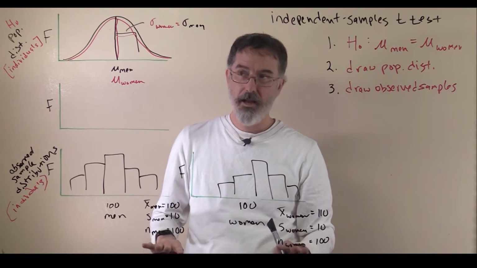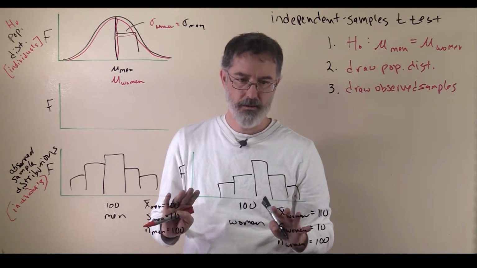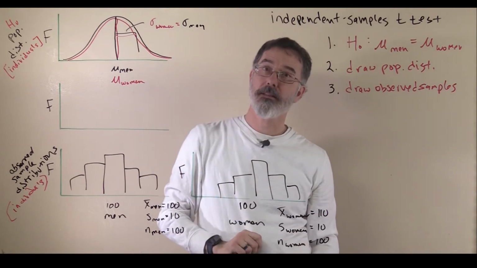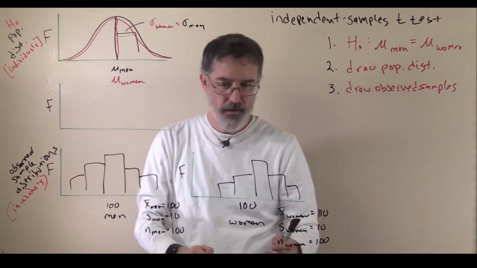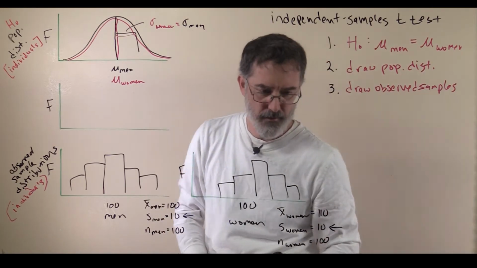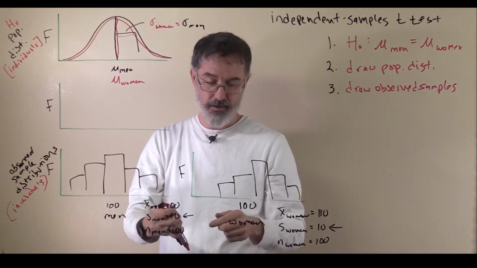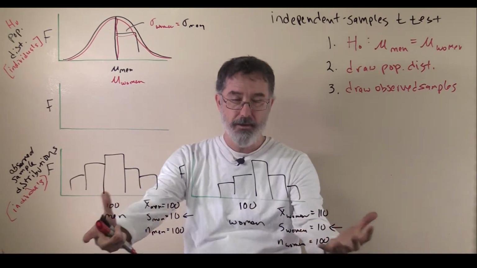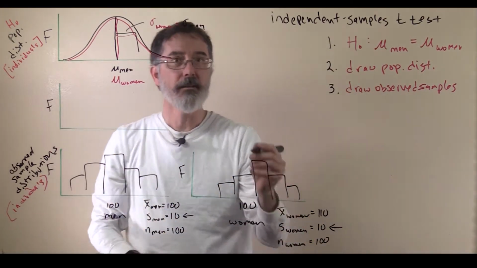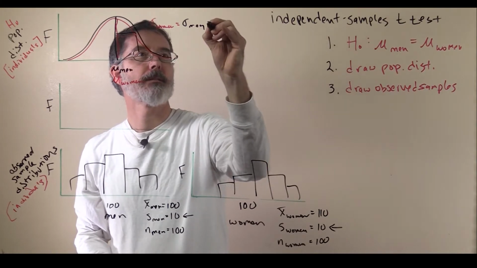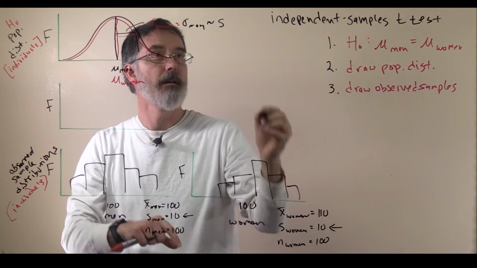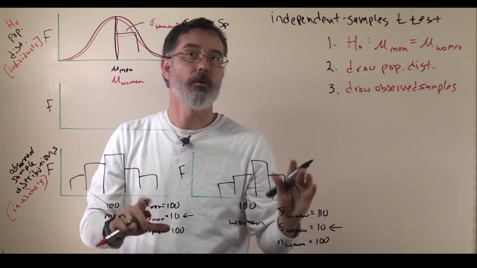All right, now that we have our observed sample distributions, we can actually figure out what our best guess is at the population standard deviation, because we have 2 estimates that we can use for our population standard deviation. And what we're going to do is we're going to combine those estimates. We're going to pool them. And with equal sample sizes, I'm going to say this is approximately equal to the standard deviation across those 2 samples pooled.